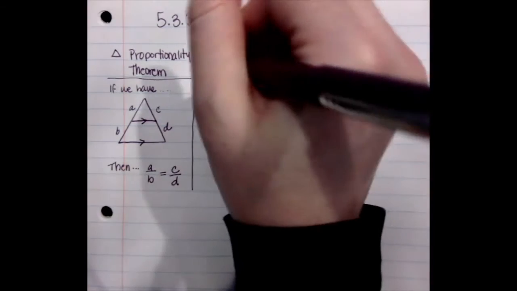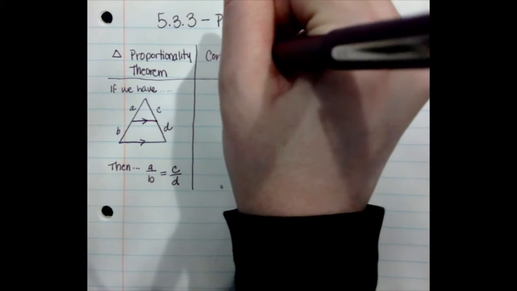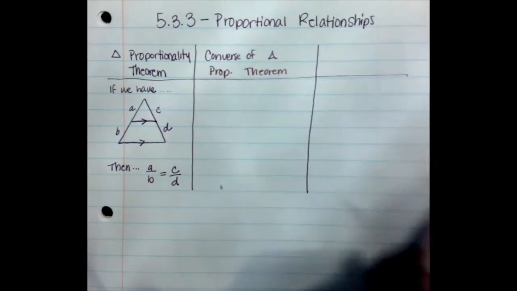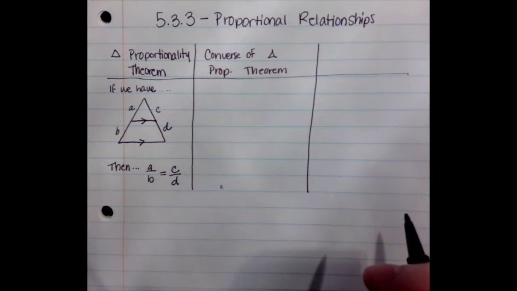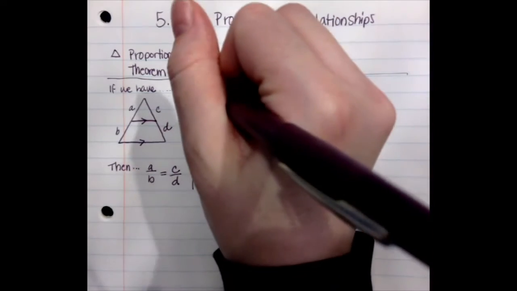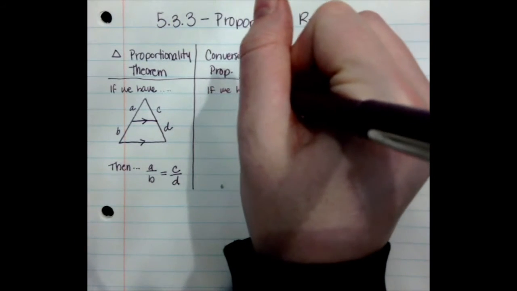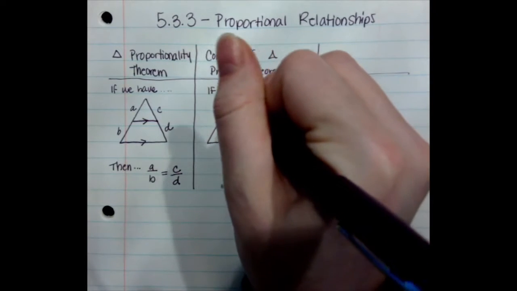The second one is just the converse of that theorem, so the opposite: the converse of the Triangle Proportionality Theorem. The converse just means that we flip the if-then statements. So instead of having this picture, it's the same picture but don't draw the parallel sides.